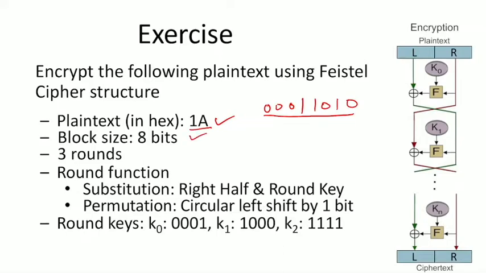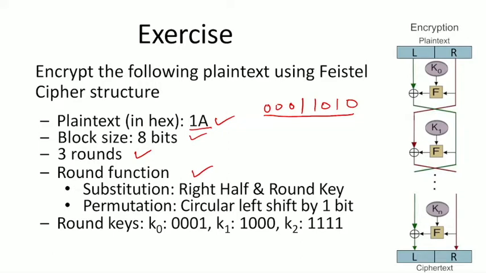Basically that means that once you split this plaintext into blocks, you just have one block of 8 bits. And then assume that we have 3 rounds, and in each round, this is our round function, which basically means that we are going to do a substitution, and then a permutation.